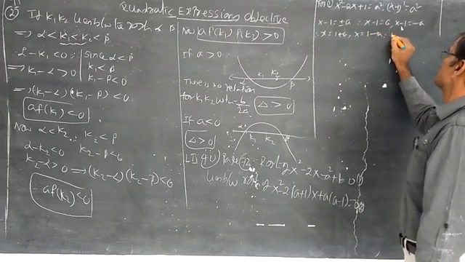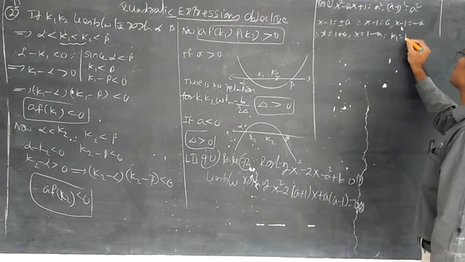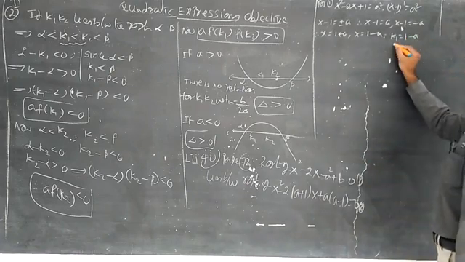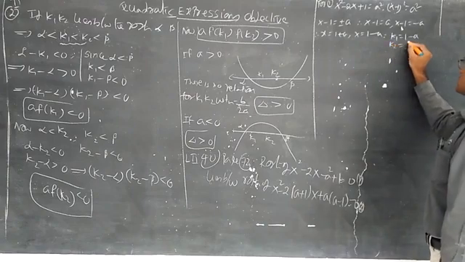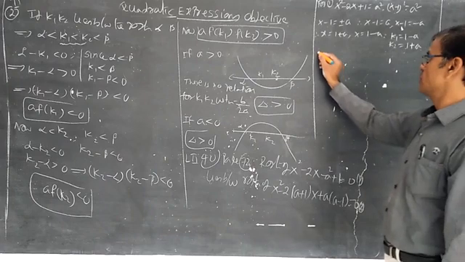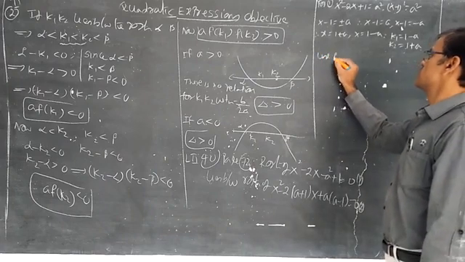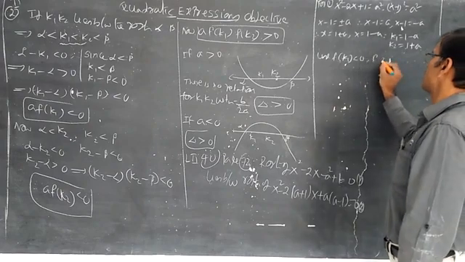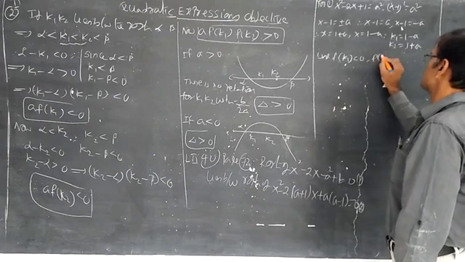You can understand here K1 is equal to 1 minus a, and K2 is equal to 1 plus a. Now use the concept: f of K1 less than 0, f of K2 less than 0.